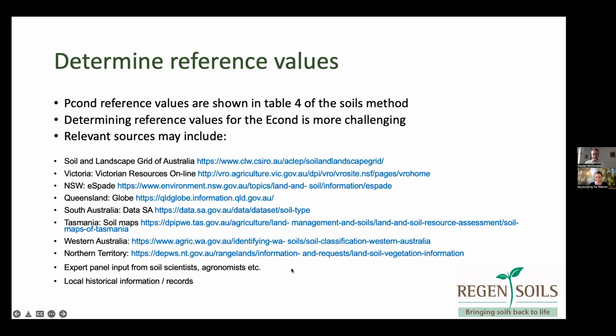Now, given how scarce that information is, there's probably, dare I say, an over-reliance on expert interpretation of what those values may have been for a particular area. And that's where getting input, particularly from local departments of agriculture, what's left of them, is going to be very useful, because that's where the bulk of that knowledge is going to lie.